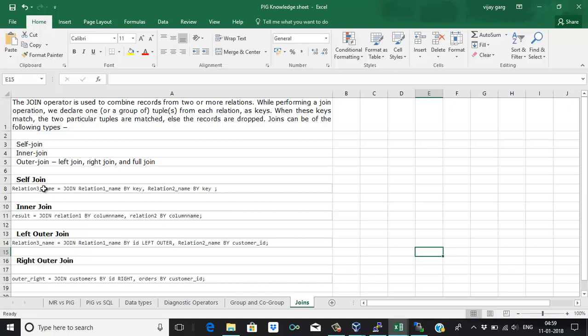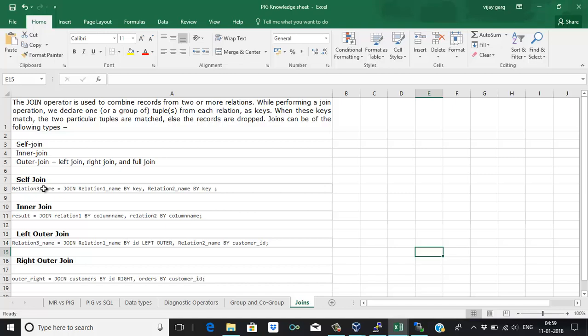Now, what is left join? In left join, basically we will get all the data from the left table and the corresponding matching records from the right table. But any record which does not match with the left table will become a null in the output from the right table.